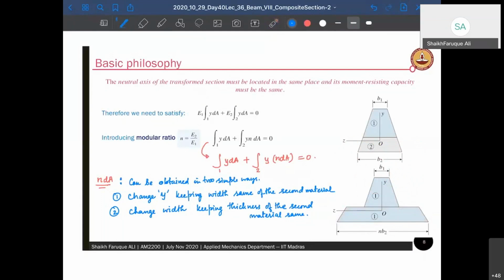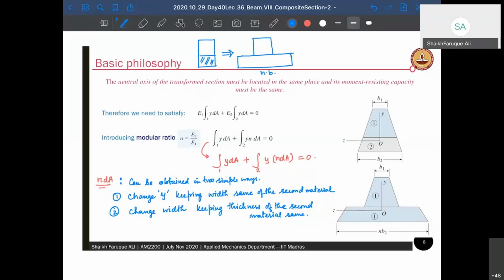First, if you have a rectangular cross section with, let's say, two different materials, let's say this part is a different material, then I can change it into this, of the same material. So I can make it NB and this remains the same.